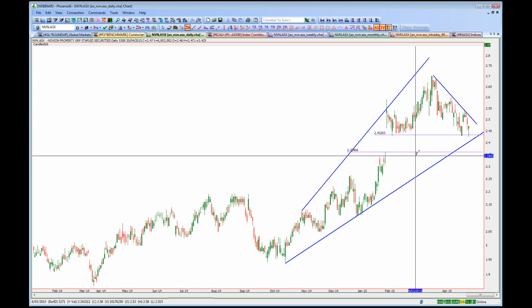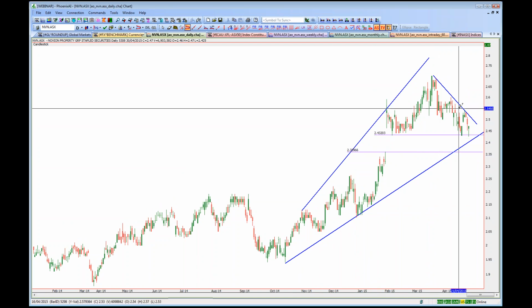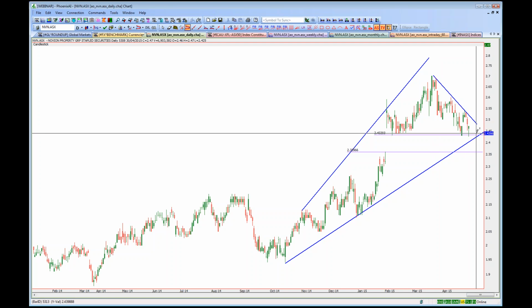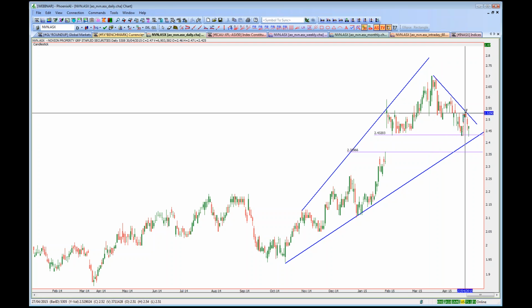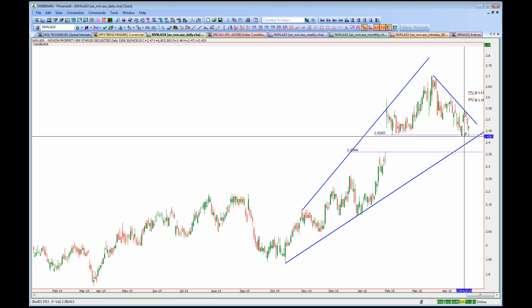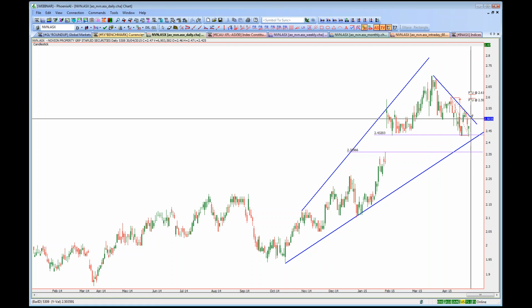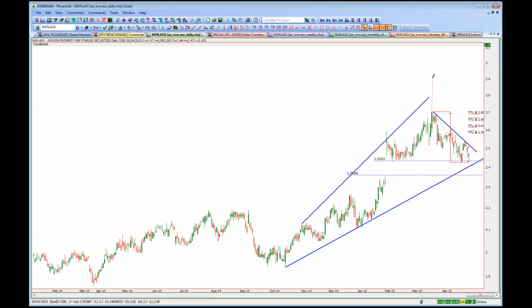Now, we have support here, and basically downside here, it's not the best, but it's still a descending triangle. Okay, so if this breaks to the upside, that's your first target, your second target, and your third target.